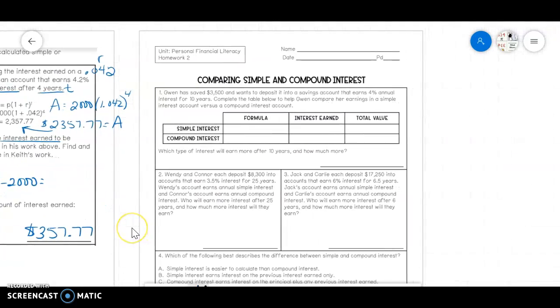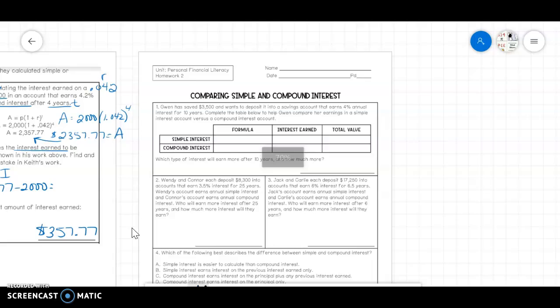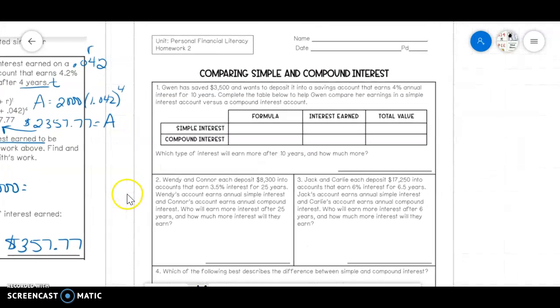On day 2, we needed to fill in this table, and this is where some of you guys struggled, because when we're using this compound interest formula, you're not separating out the principal to find the actual interest. Gwen has saved $3,500 and she wants to deposit it in an account that has 4% interest for 10 years to complete the table.